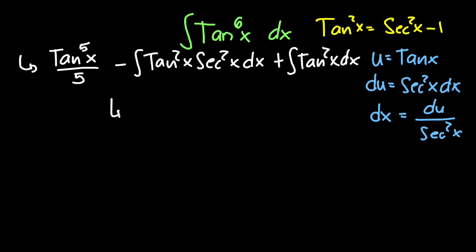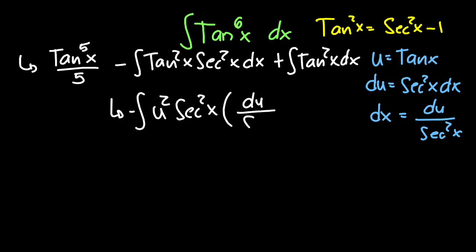By substituting, this would be u squared multiplied by secant squared of x multiplied by dx, which is equal to du over secant squared of x. You can actually see here that secant squared of x would cancel, which leaves you with a value of u squared multiplied by du. And just copy this first.